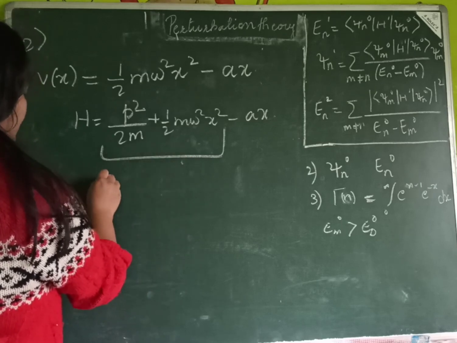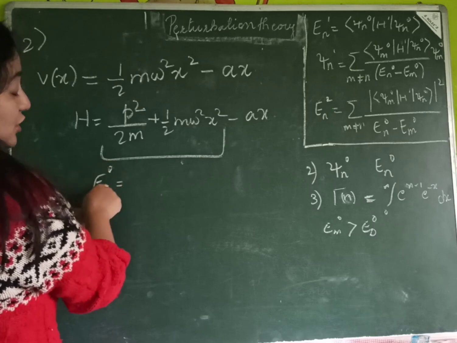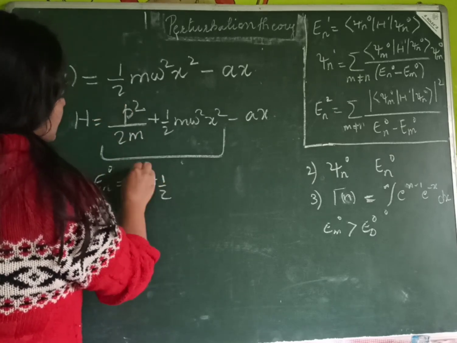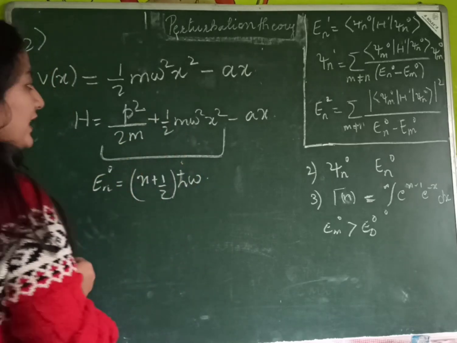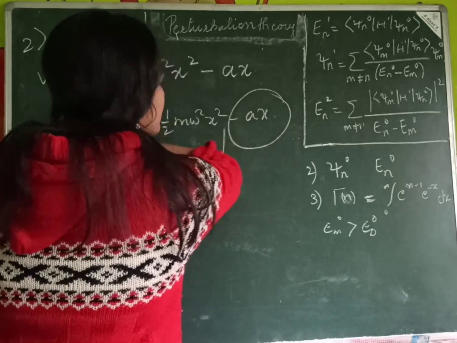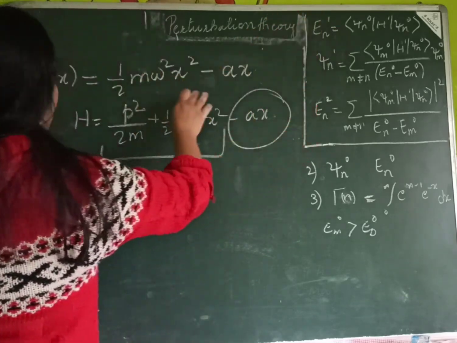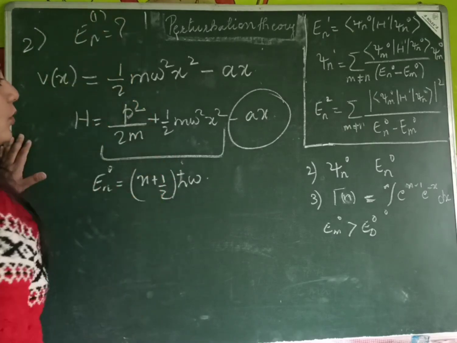For it the energy eigenvalue, that means the zeroth order or the exact one, is given by n plus half h cut omega. Now I need to know what this term is going to do. I can go ahead and do this. In this question it actually asks me what is En1.